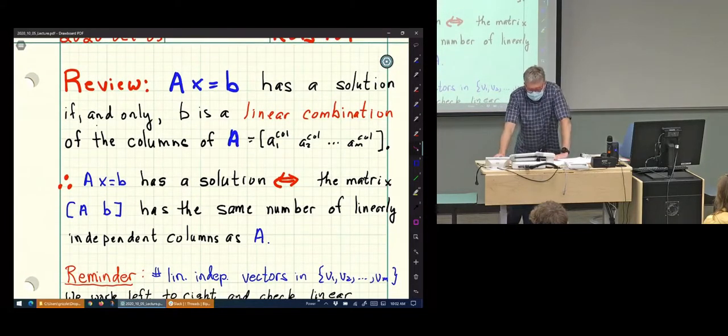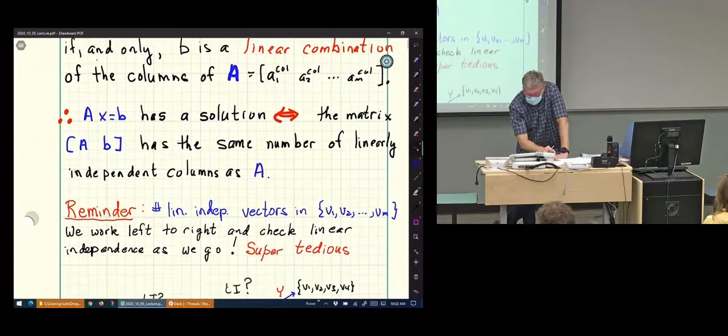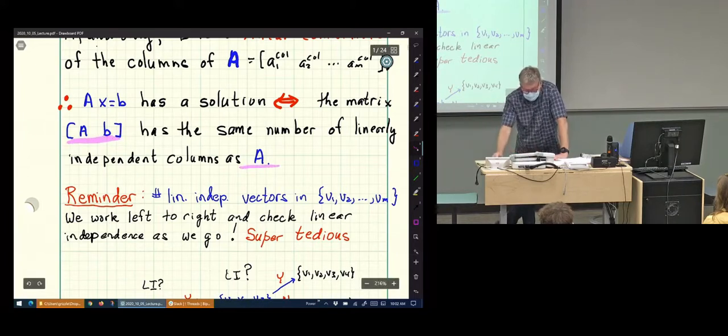We now have the matrix formulation, and AX equals B has a solution if and only if B is a linear combination of the columns of A. And another way to say that, because if B is a linear combination of the columns of A, then the number of linearly independent columns here has to be the same as the number of linearly independent columns of A. If you get more, then B is not a combination of the columns of A, and we don't have a solution.